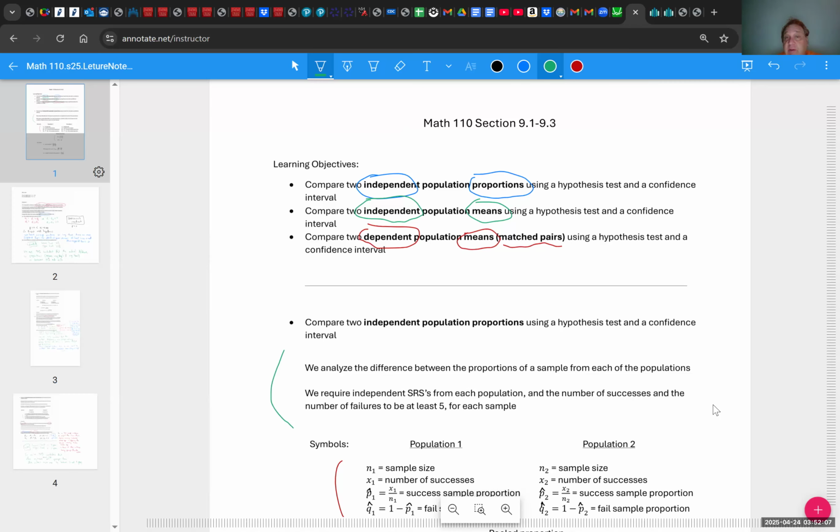The second version is we look at the means of 2 populations that are independent of each other. So we're comparing 2 population means that are independent. And the last version is we're comparing 2 population means, but the populations are not independent. They're definitely connected in a matched pair situation. And we want to, again, be able to compare the means of those 2 populations that are matched up.